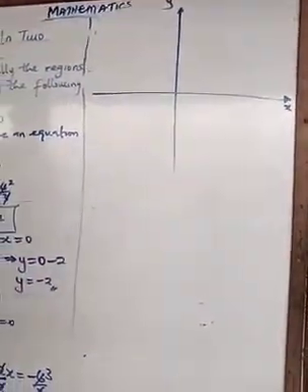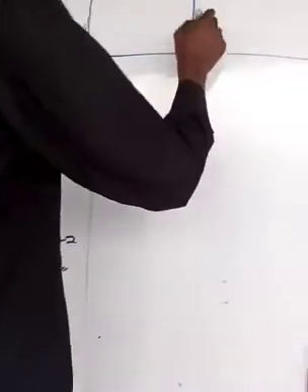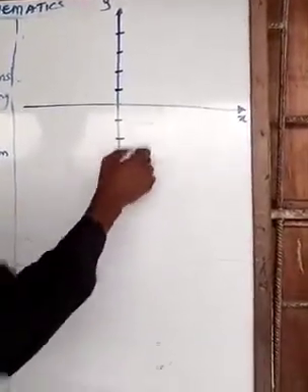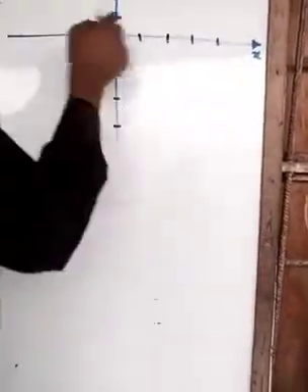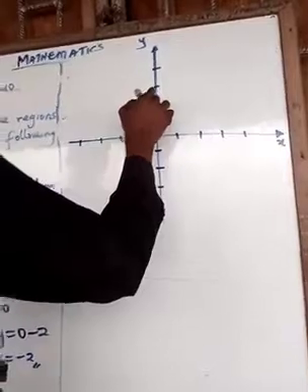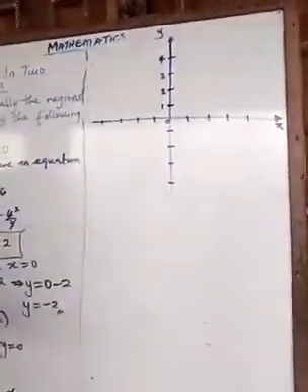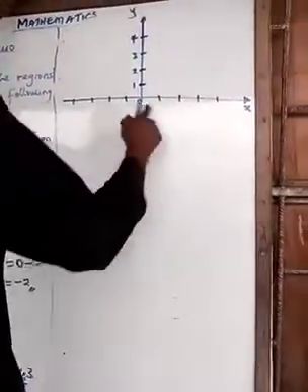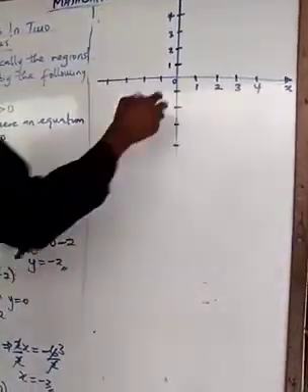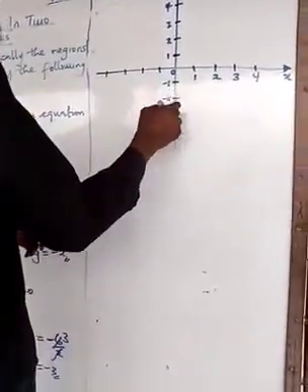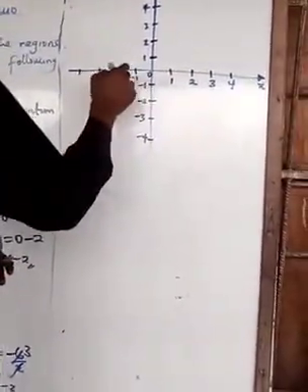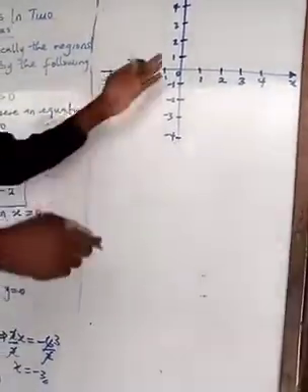Let's use an arbitrary scale: 1, 2, 3, 4 for positive y and positive x, and -1, -2, -3, -4 for negative y and negative x.